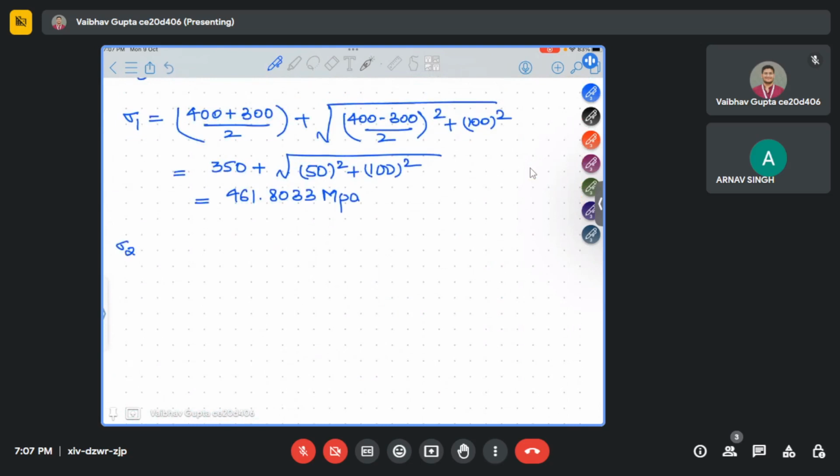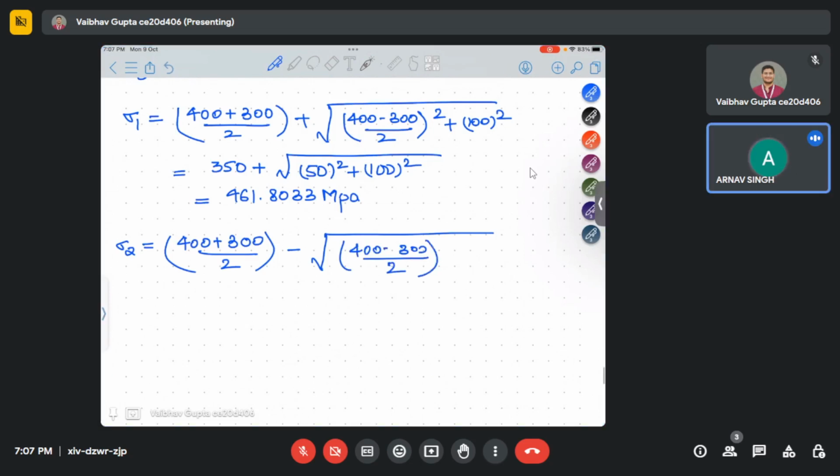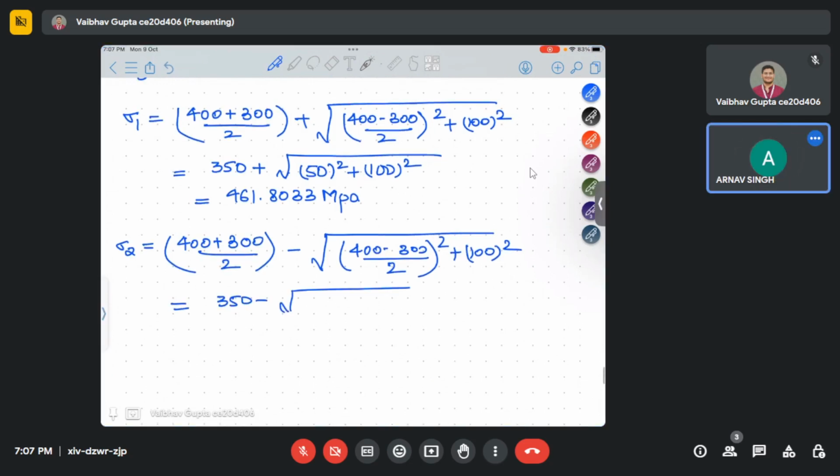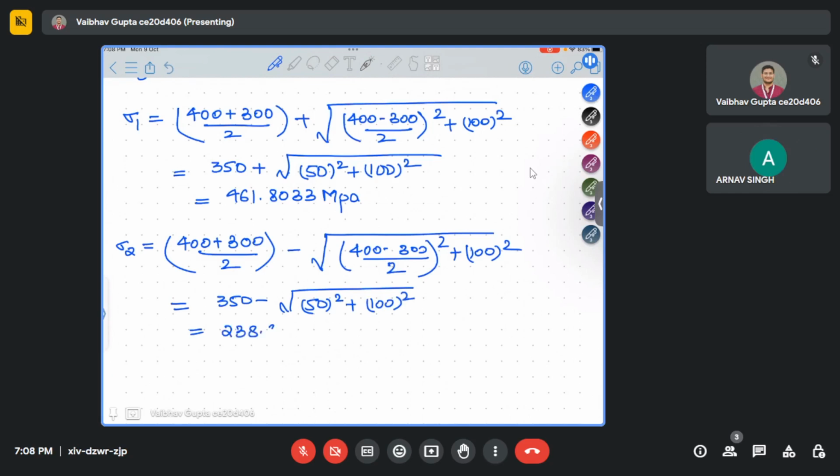Sigma 2 is (400 plus 300) by 2 minus under root of ((400 minus 300) by 2) whole square plus 100 square. So you get 350 minus the root of 50 square plus 100 square. The answer you will get is 238.8033 MPa.